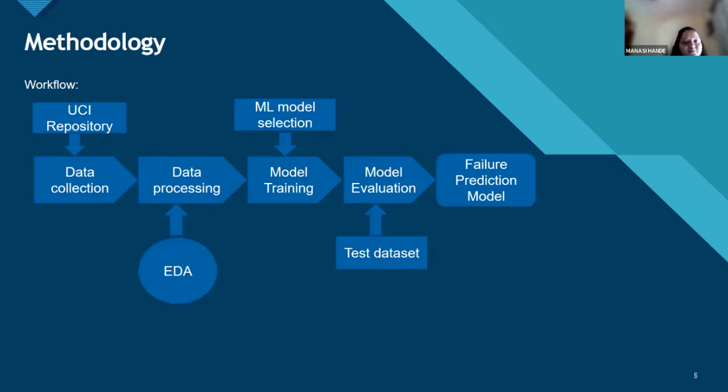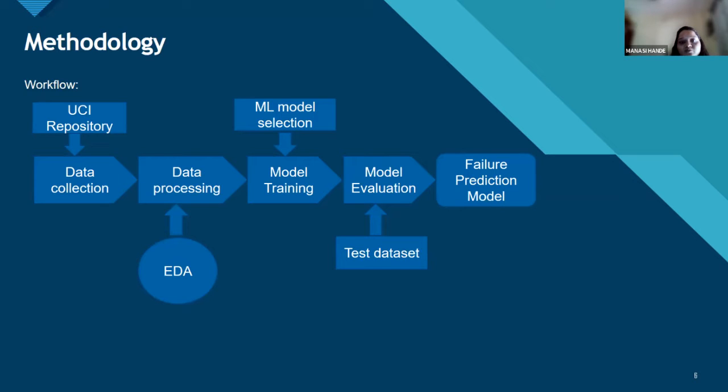The methodology: we collected the data from the UCI machine learning repository. Then the data needs to be processed. For data processing, I went through an extensive data analysis, and based on the data analysis, I fed that data to my model selection. As this is a failure prediction, the problem statement is of the classification type, so I selected supervised machine learning algorithms.